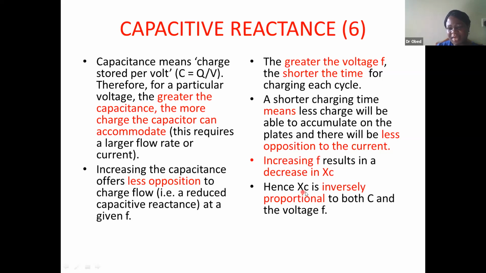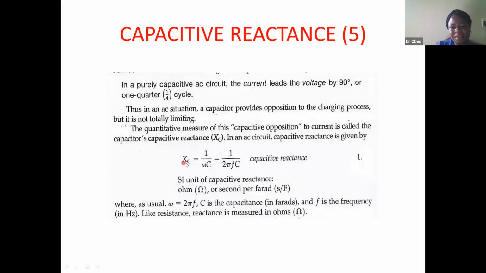Hence, capacitive reactance is inversely proportional to both the capacitance and the voltage frequency. If you look at the equation, the capacitive reactance here is inversely proportional to the voltage frequency and to the capacitance. So that's what those details are talking about.